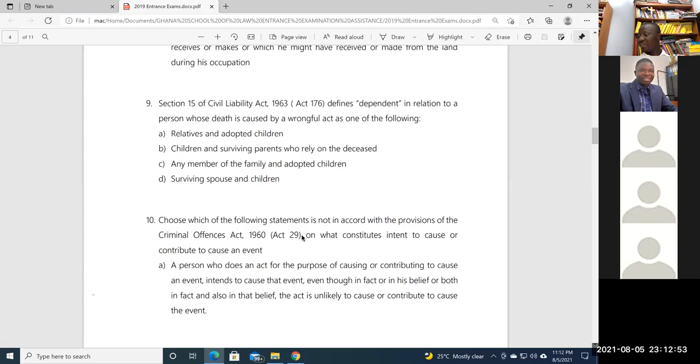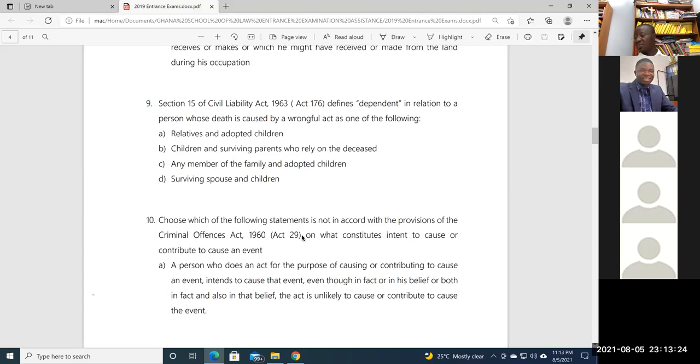If you go to section 35, it defines certain words, but interestingly, dependent is not explained in the interpretation section. So what it means is that we have to go through the act itself, and in the act itself, that is where we will get the definition of dependent.